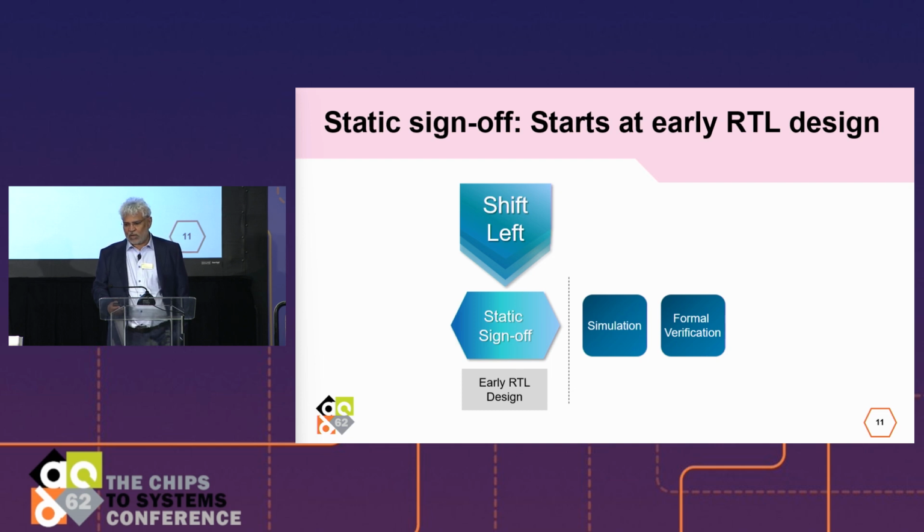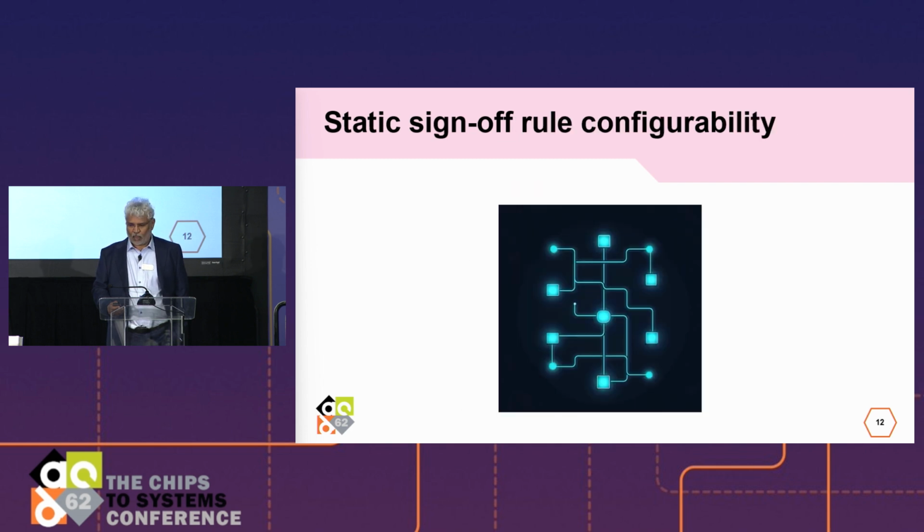These are the reasons why we see static sign-off being used in design flows before simulation and before formal. If you're familiar with traditional static sign-off solutions, the new evolution direction is rule-based or command-based functionality, and this is showing up in the next generation of static sign-off products.